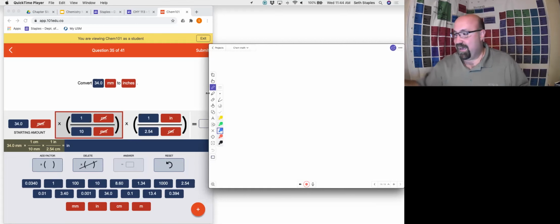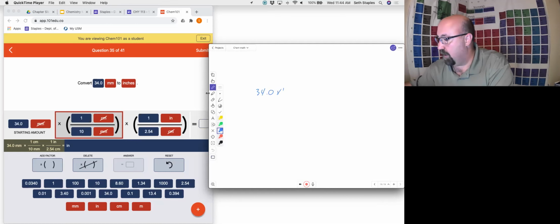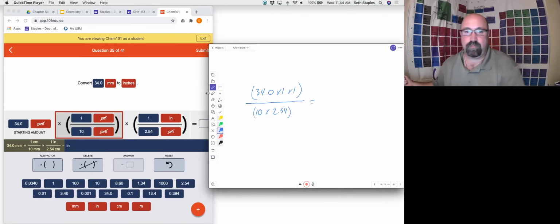And so again, we're going to take everything up top. So we've got our 34.0 times 1 times 1. That's everything in the top of our conversions. And then we're going to have 10 times 2.54. And we're going to calculate that out. And so we put that into our calculator. We can make judicious use of parentheses. So I'm going to go parentheses 34. Sometimes, especially as you're just starting out with these, you might find it handy to put the ones in there.